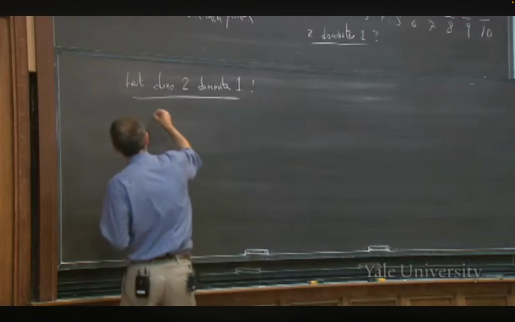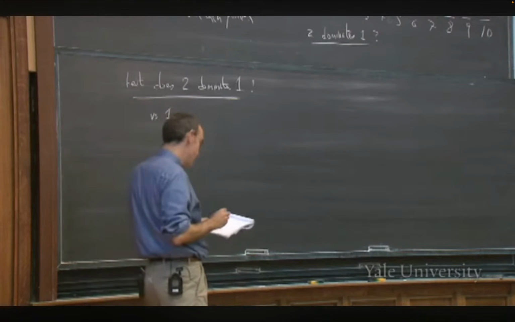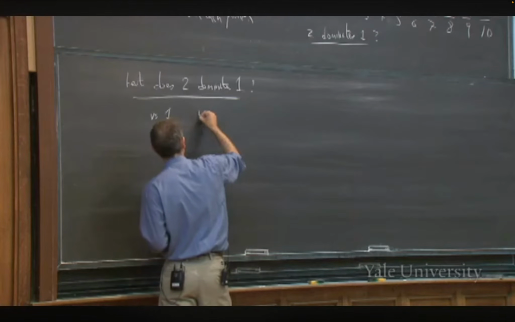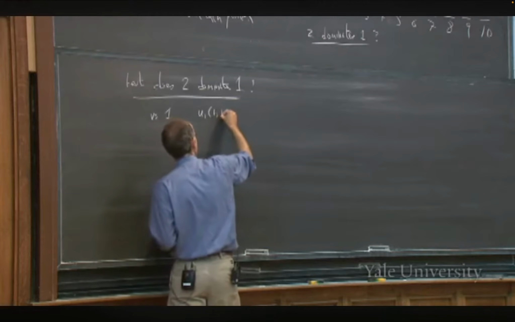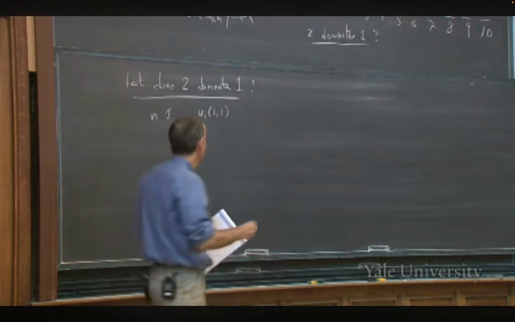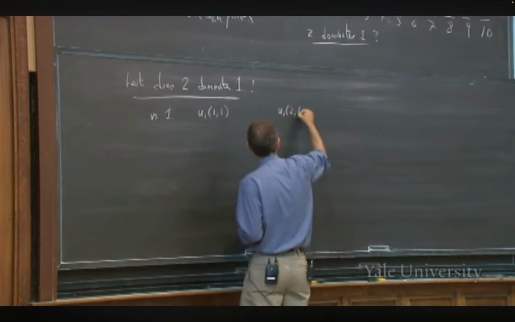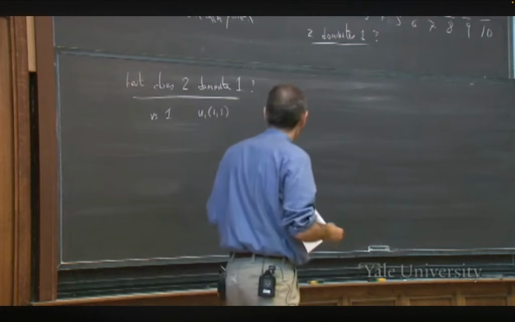How about versus 1? Suppose the other candidate has chosen position 1. Then we're going to compare my payoff from choosing 1 against the other candidate's payoff from choosing 1. We're going to compare this with my payoff from choosing 2 against the other candidate choosing 1.